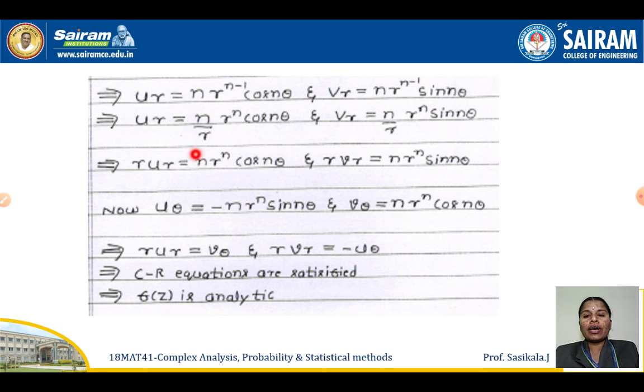And to make it a CR equation, r is taken here and multiplied here. r into u r is equal to n into r power n cos n theta. Okay. And similarly here also, r power n minus 1, r is taken separately and written in the denominator as r into v r, because to compare with the CR equations we have done it.